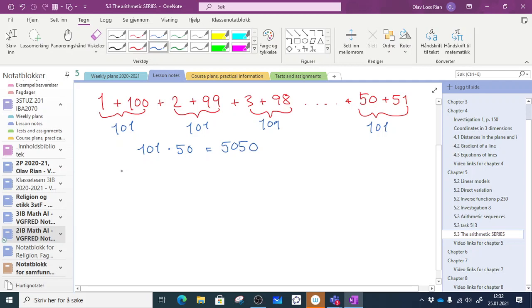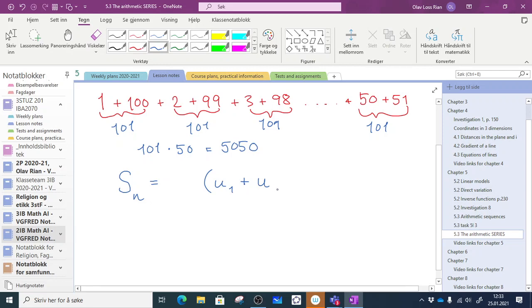Because generally this is true. If you want the sum of an arithmetic series, you take the first term, u1, and you add that to the last term.